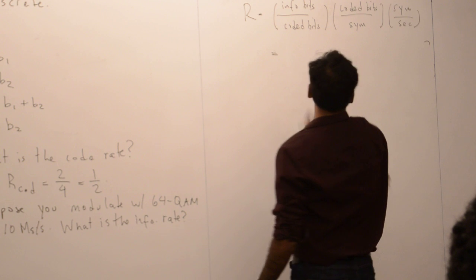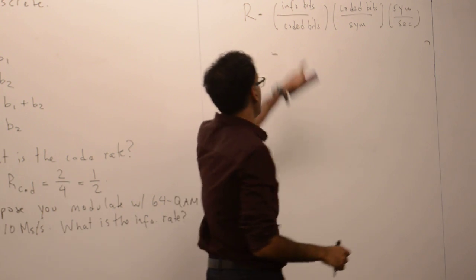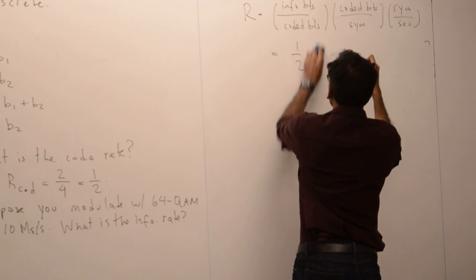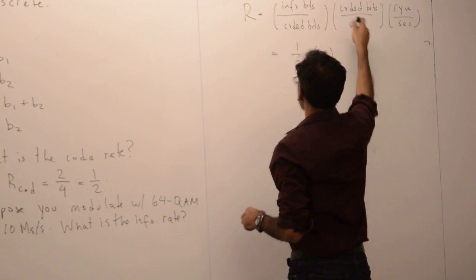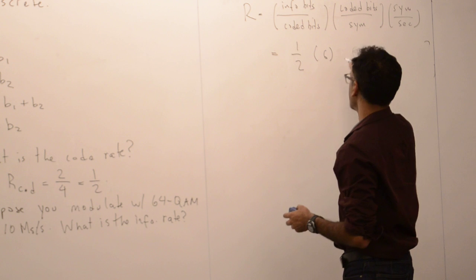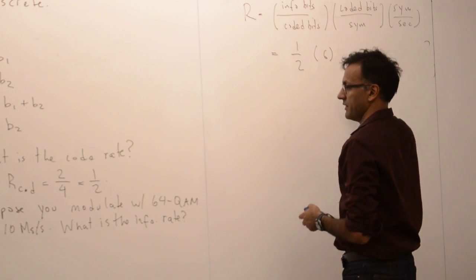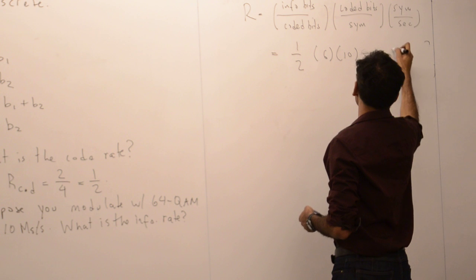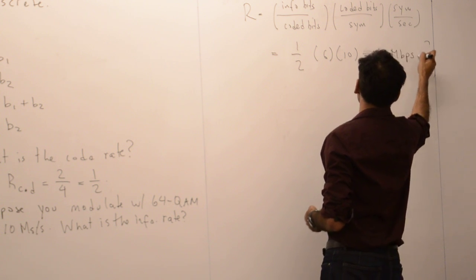So that's 1/2, the code rate. How many coded bits are there per symbol? There are 6, because it's 64 QAM. And then it's 10 megasymbols per second. So this will be 30 megabits per second.